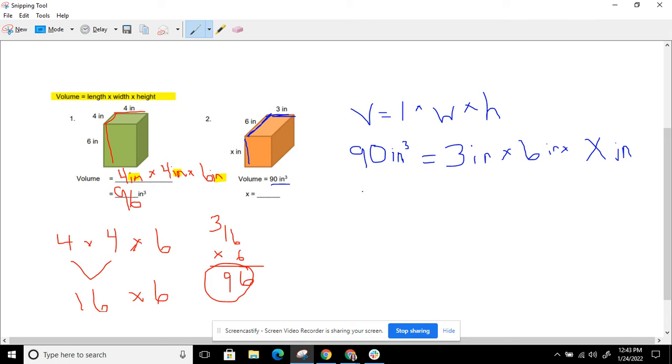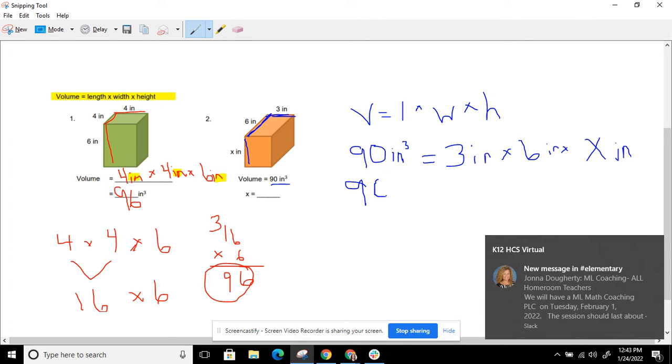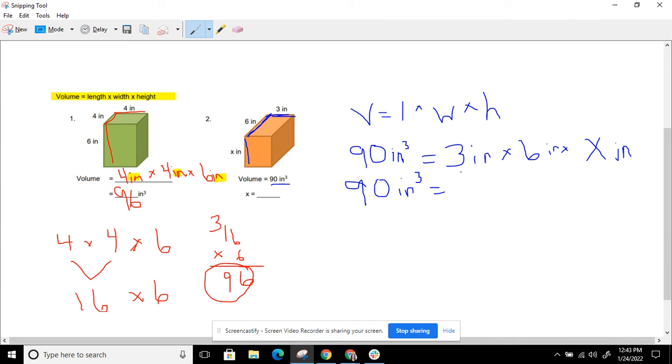So I'm going to rewrite the equation. 90 inches cubed is equal to, well, I can solve this part. 3 inches times 6 inches, well, 3 times 6 is 18, times our big X. So we need 18 times a number to get to 90.